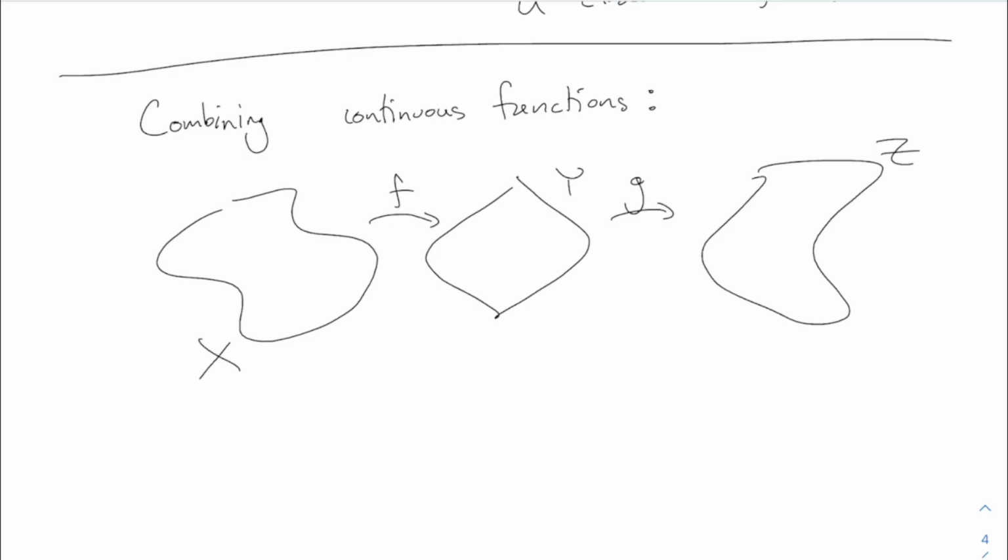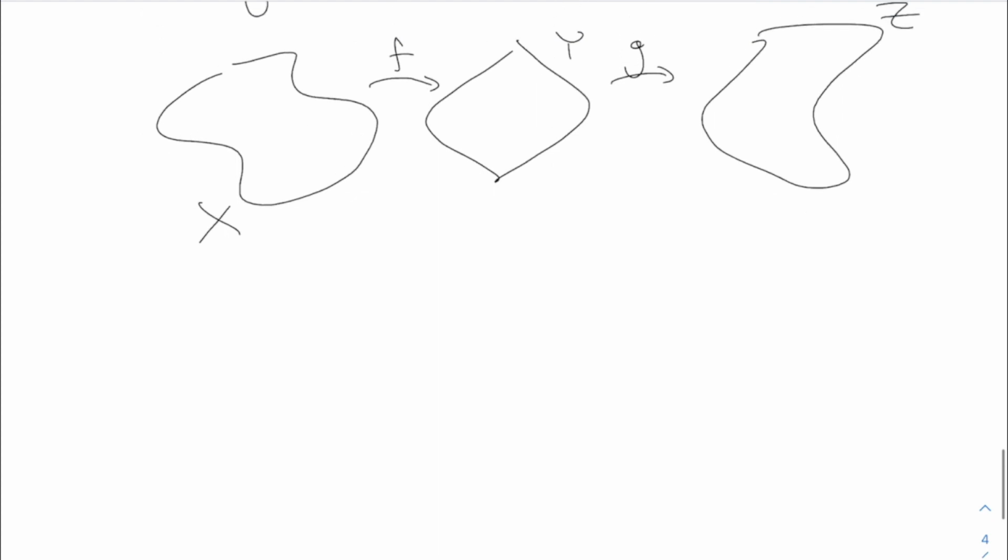And if these functions are all continuous, the theorem says if f and g are both continuous, then the composition is also continuous. That's what the theorem is about. And this should seem intuitively clear. If f involves no ripping or tearing, and also g involves no ripping, then if I do f followed by g, that should also involve no cutting or ripping. So that's the intuitive notion, but of course that's not a real proof of this.